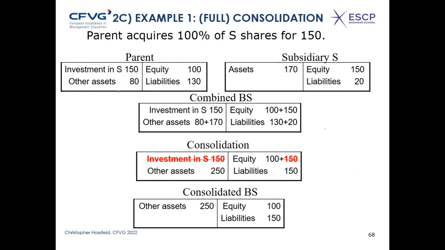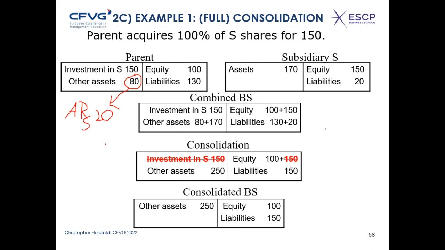So let's enhance the example a little bit and assume that the parent company here has other assets. And in these other assets, there's an accounts receivable included of 20, let's say. So a claim on a client, and the client is actually the subsidiary.